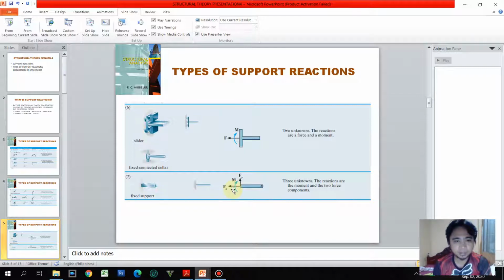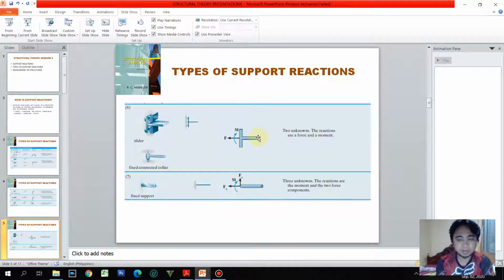So the slider is similar to the rocker or roller, only that it is restrained against sideways movement, but it also allows rotation, or we have here M. So there will be two unknowns, the reaction force and a moment.